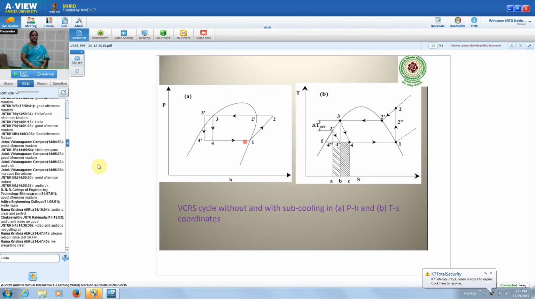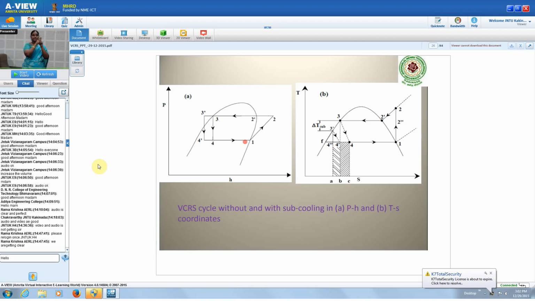With this, what is the effect on the refrigerating effect? That is the numerator for the COP. If 3-4 is the actual expansion process, then in the modified cycle the actual expansion process is 3 dash 4 dash. With this, the refrigerating effect is increased. How much is it increased? Previously it was coming at 4, but now it is coming at 4 dash.